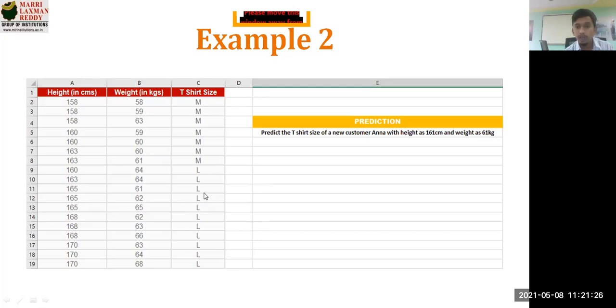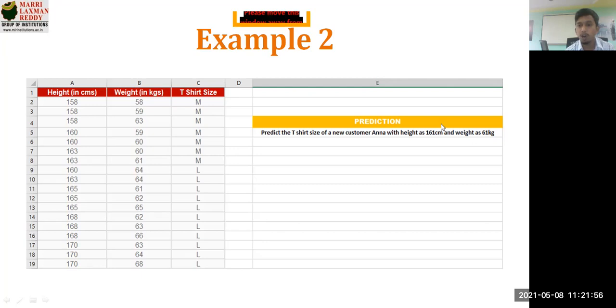Now, based on these observations, I want to ask you a question. Predict the t-shirt size of a new customer with height 161 centimeters and weight 61 kgs. You need to apply the KNN classification algorithm for this example and calculate Euclidean distance, considering x1, y1 as 161 centimeters and 61 kgs.